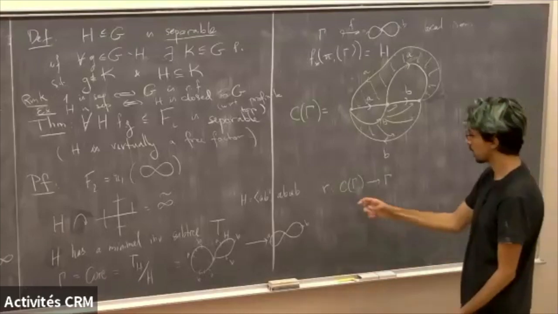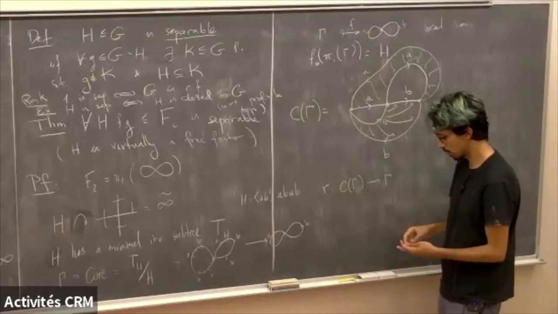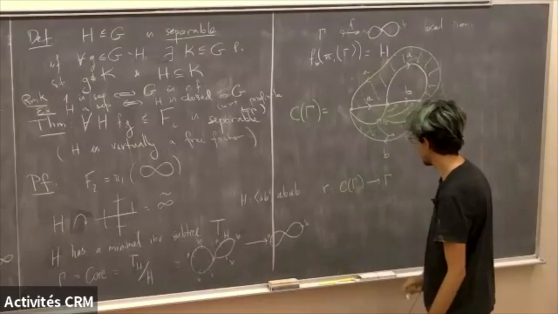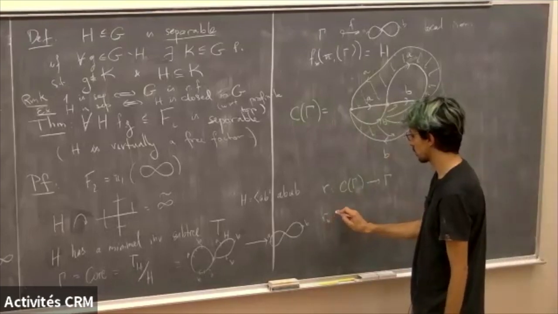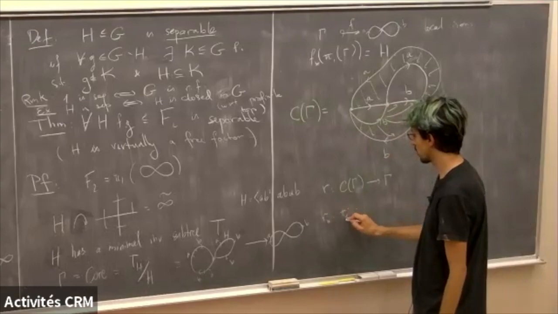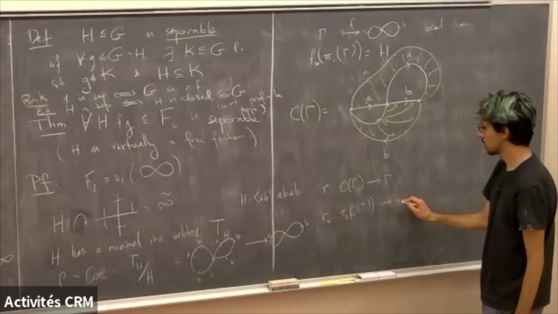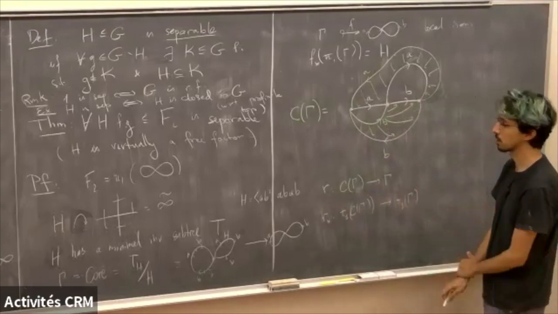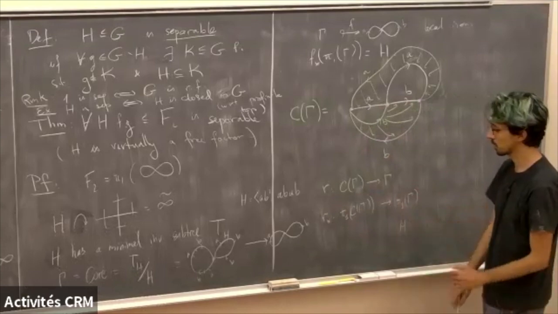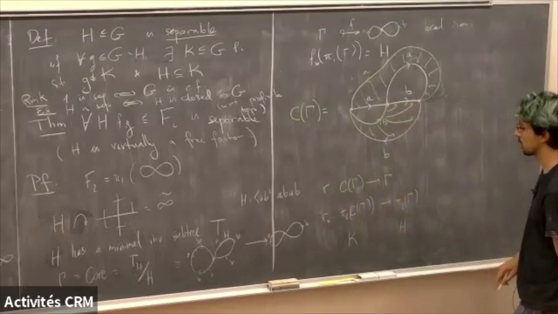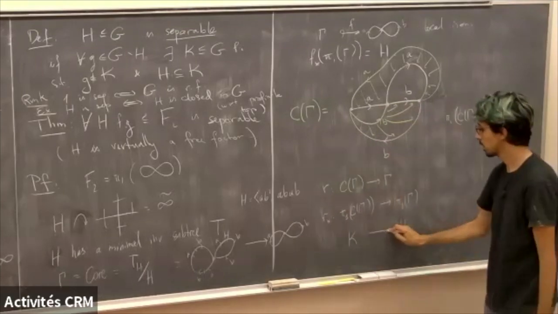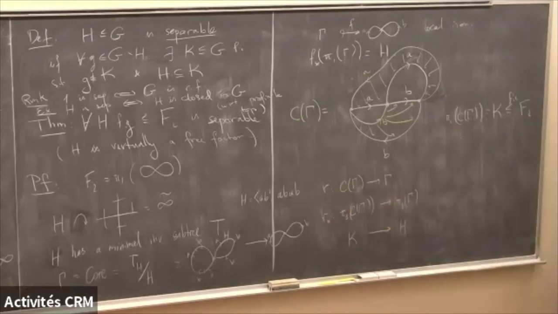So this gives me a retraction from the cover of gamma to gamma, which in turn gives me a retraction on fundamental groups. This guy was my H, and this guy is some finite index subgroup. I get this map from the finite index subgroup onto H, which is very fine.